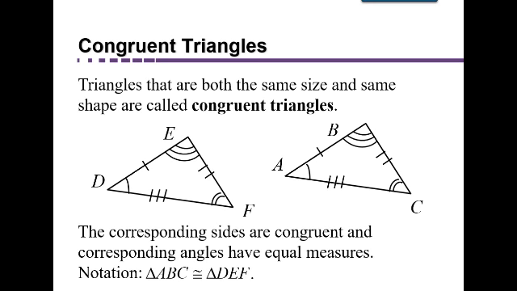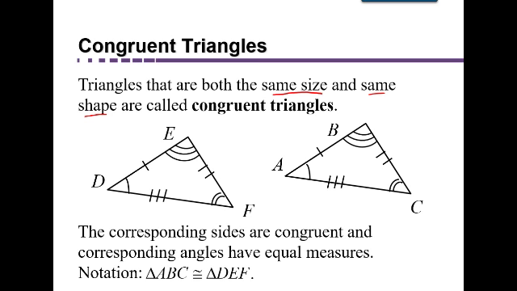Triangles that are both the same size and the same shape are called congruent triangles. Same size would mean that the lengths of their sides are the same. Same shape would mean that their angles are the same.